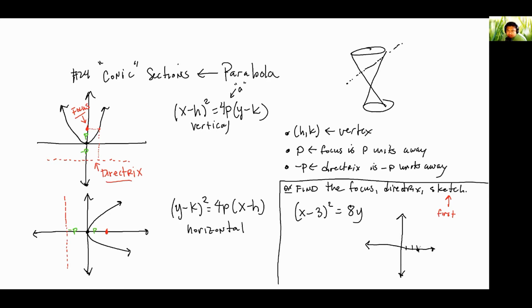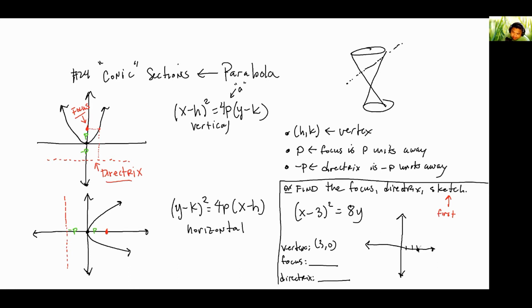Now, we also need to know whether this is facing up, down, left, or right. This is very important because it'll tell us exactly where everything else is. The vertex is (3, 0). We want to know the focus, and we want to know where the directrix is.